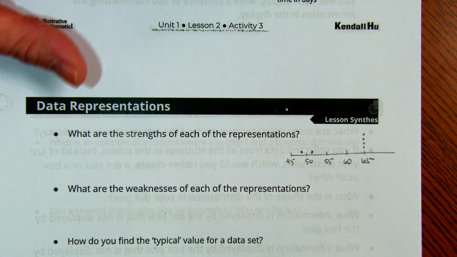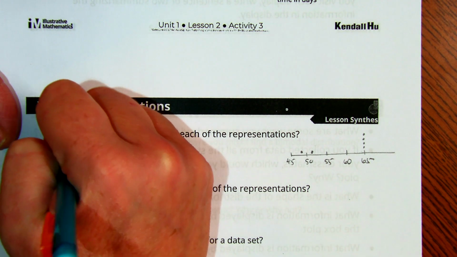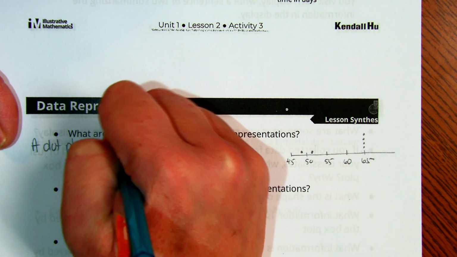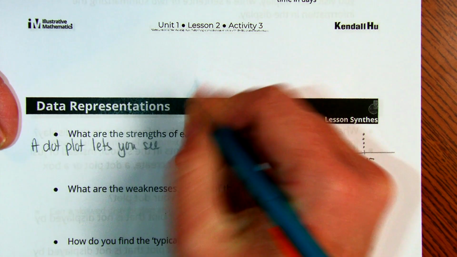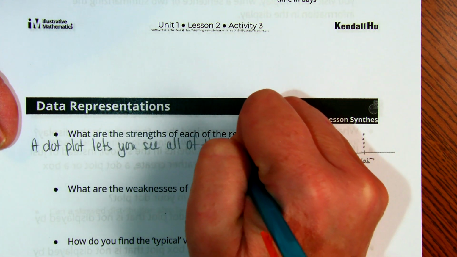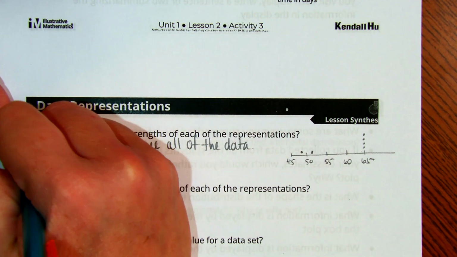So for example, a dot plot lets you see all of the data and how it is distributed.